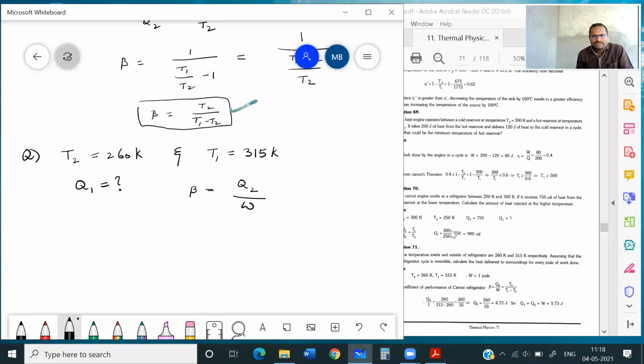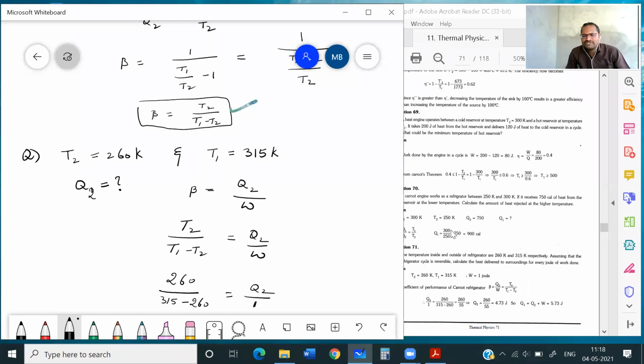Yes, good. Now, what is beta? Beta is nothing but T2 upon T1 minus T2, as I have just written, and that is equal to Q2 by W. Q2 is what we need to find. T2 value given is 260, upon T1 value 315 minus T2 value 260, is equal to Q2 by W, with W equal to 1 joule. They are given for one joule of work.